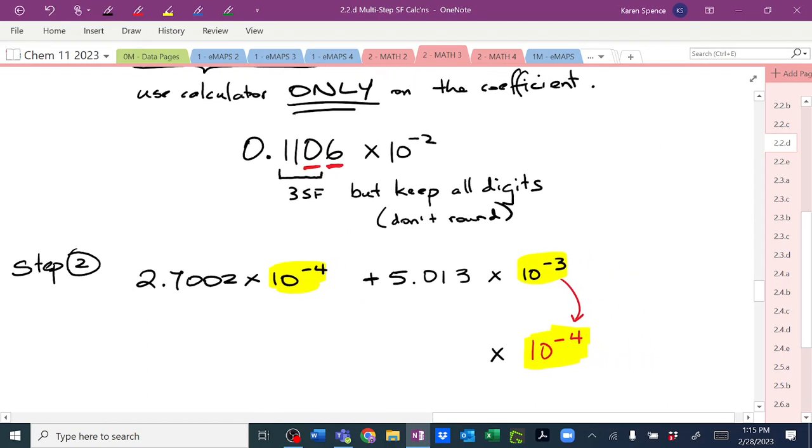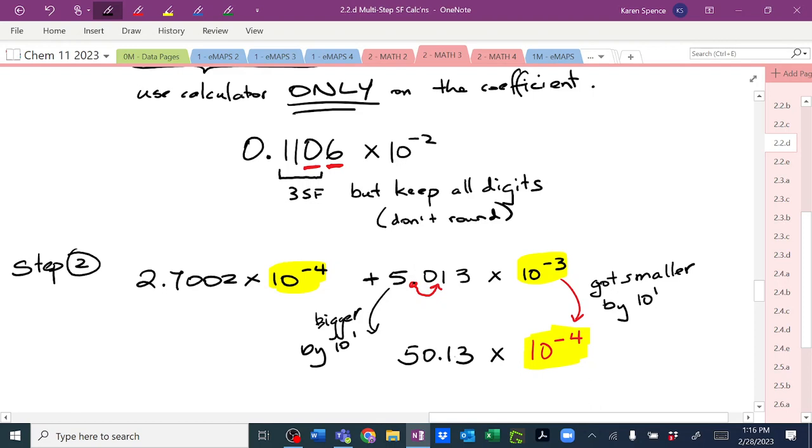When we go from 10 to the negative 3 to 10 to the negative 4, that got smaller by 10 to 1, which means our coefficient has to get bigger by 10 to 1. So our decimal place is going to move to the right to give us 50.13 times 10 to the negative 4.